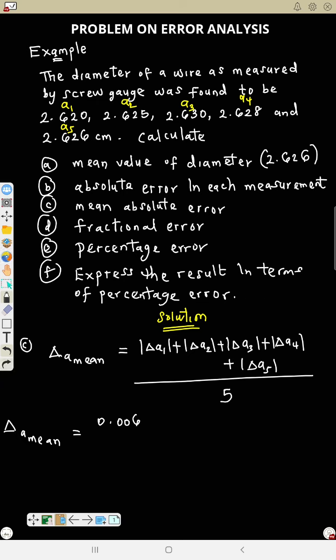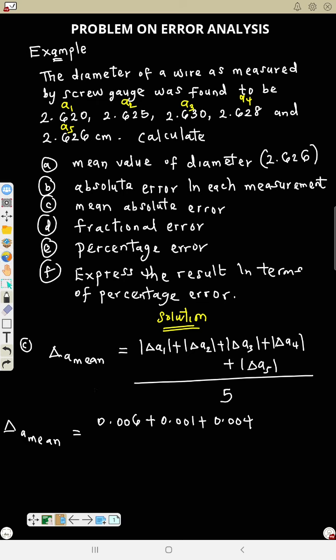Now this will be plus delta A2, that is 0.001, plus delta A3, 0.004. Take note that delta A3 is minus 0.004, but because we take the magnitude, this straight line, we change it to positive. Take note, that is modulus.